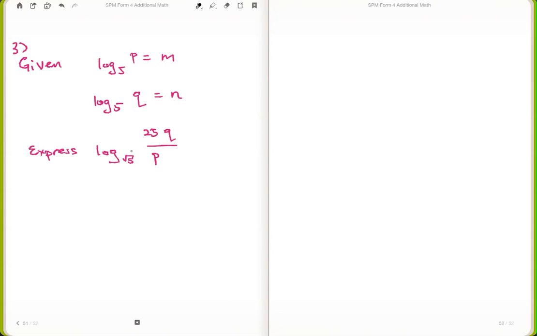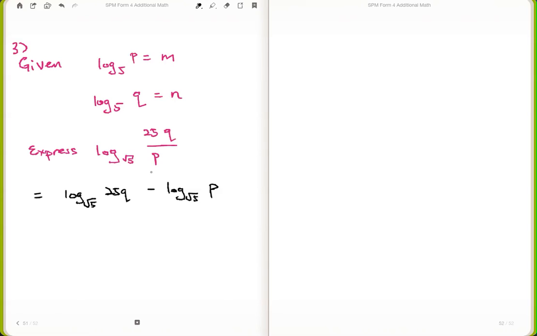Simplify log of a division, that will be subtract. So therefore, that will be equals to log root 5 of 25q subtract log root 5 of p. Number divided by number is minus.